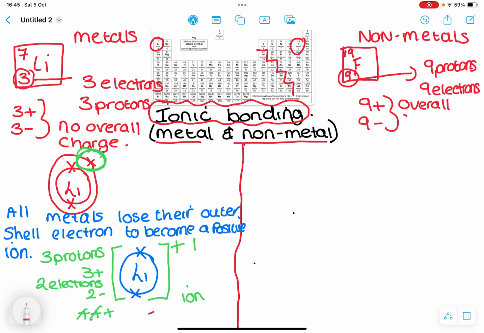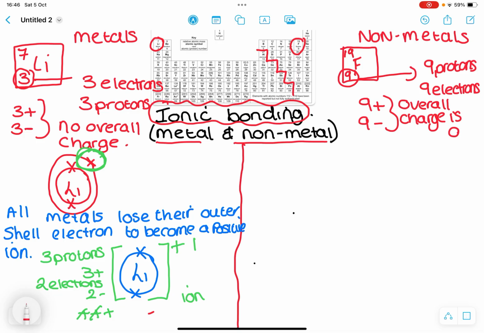Overall charge is 0 on every atom, because we've got the same number of protons as we have got electrons. Now remember, all elements react to achieve a full outer shell.